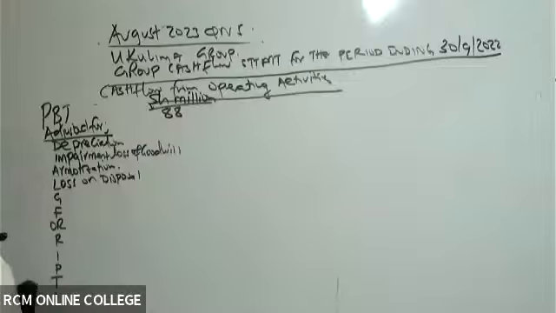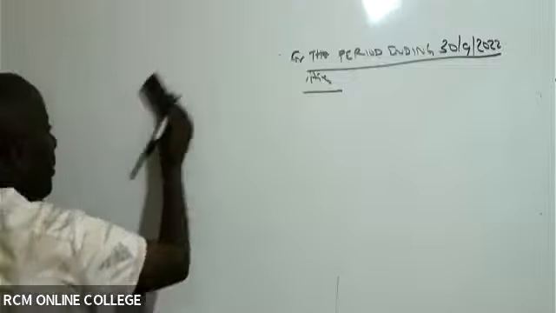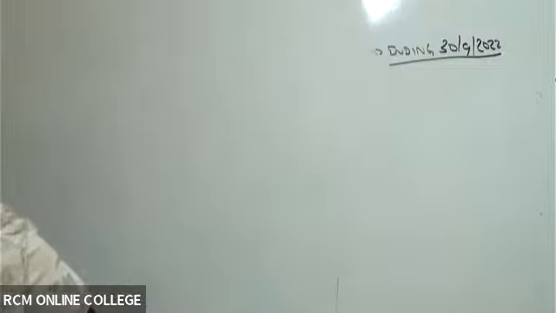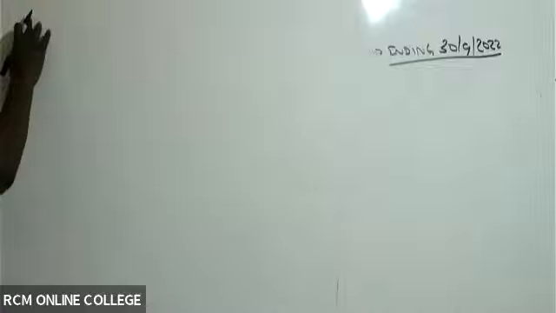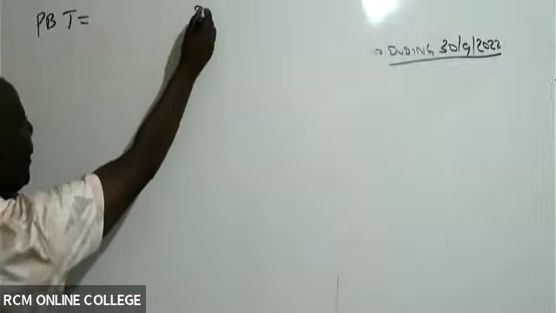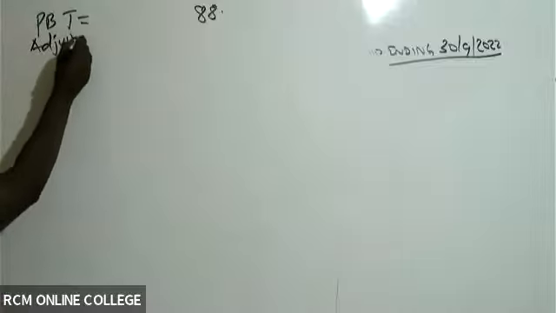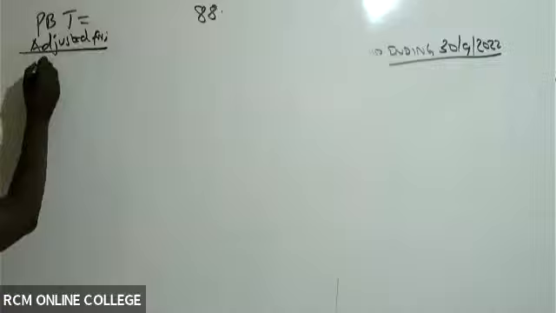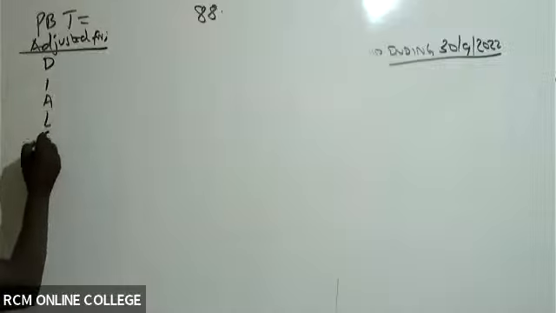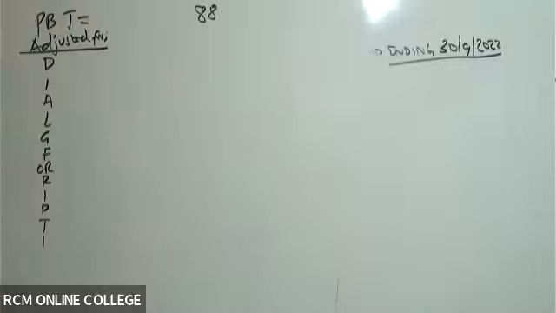Just allow me to write this. So we have here our profit before tax of 88 million. And then we are saying adjusted for what here? We have here dial, God's number for food, or you rest in peace totally, indefinitely, like that.